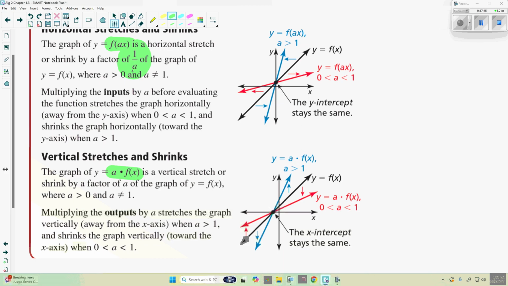So if they tell us it's a horizontal stretch of 2, I don't plug in 2 for a. I plug in 1 over 2. If it tells me it's a horizontal shrink of 2/3, we're not technically plugging in 2/3.